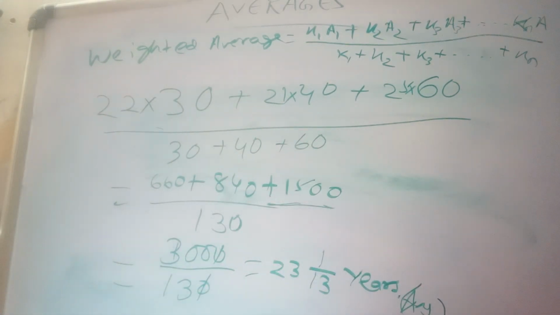Okay. Now, next questions. Problems based on age. How will we find out the age? Next rule. If the average age of n members of a family is x years, then k years back, the average age of the family is x minus k years, provided that no person has died or been born in that period.